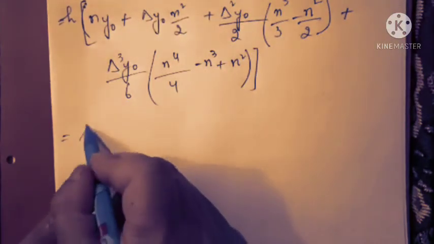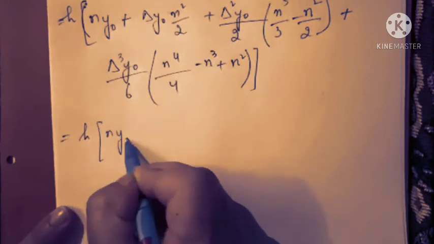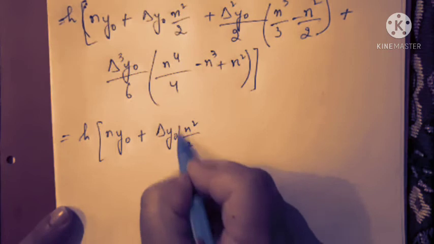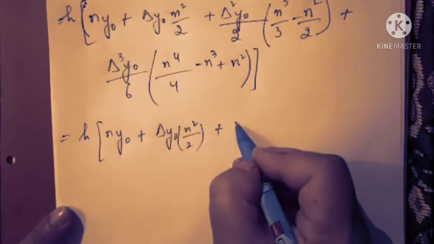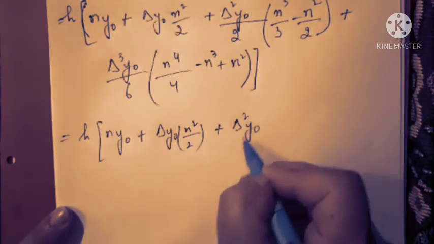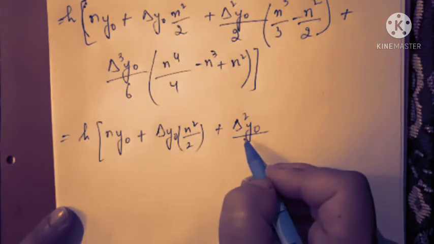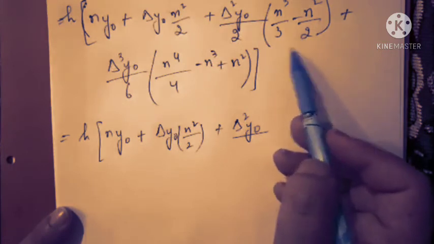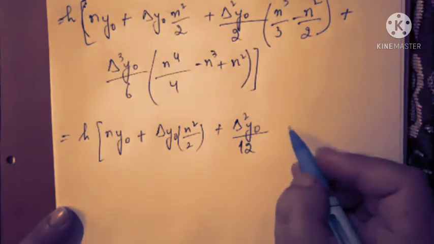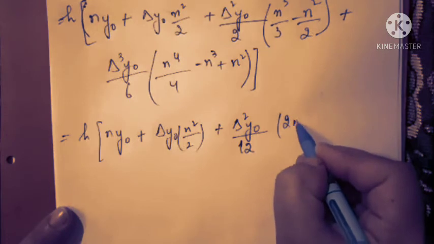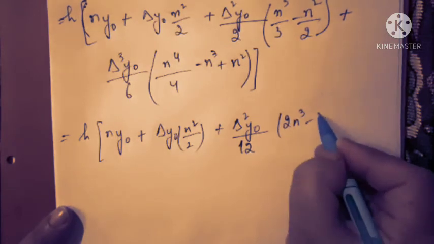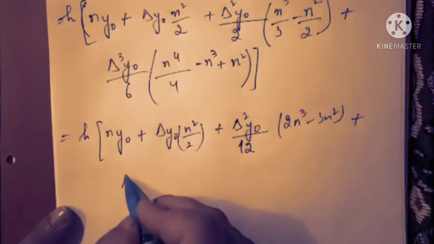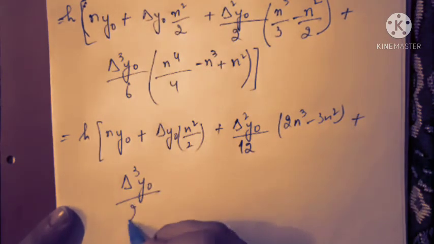Then this will be n y0 plus delta y0 n square divided by 2 plus delta square y0 divided by, if we do the cancellation or this will be 12, LCM and all these things, this will be 2n cube minus 3n square, because this is 6 and this will be this, okay, plus delta cube y0 over 24.